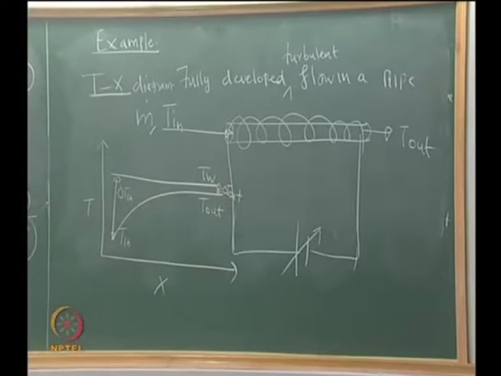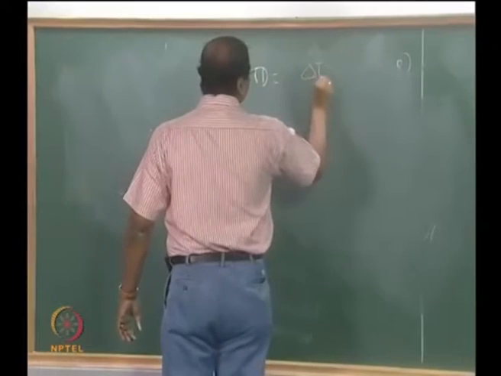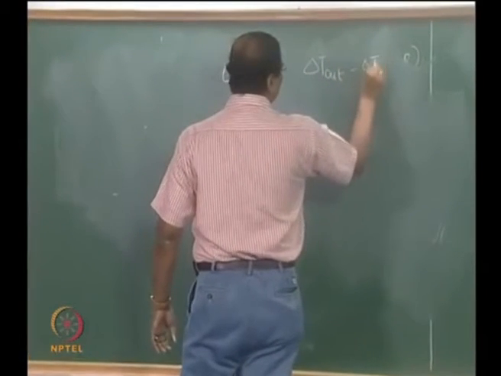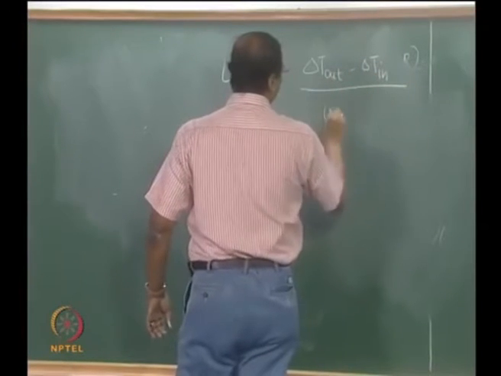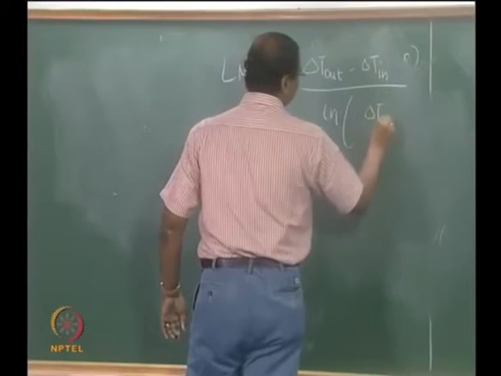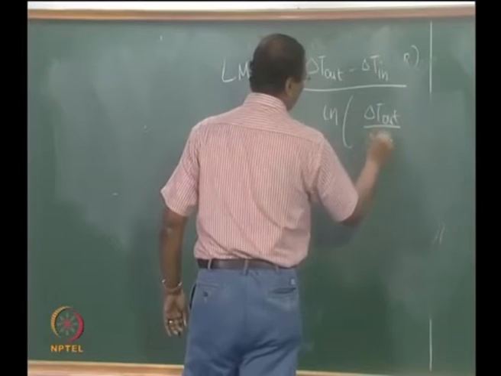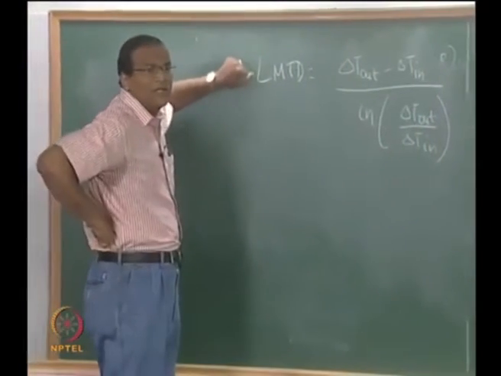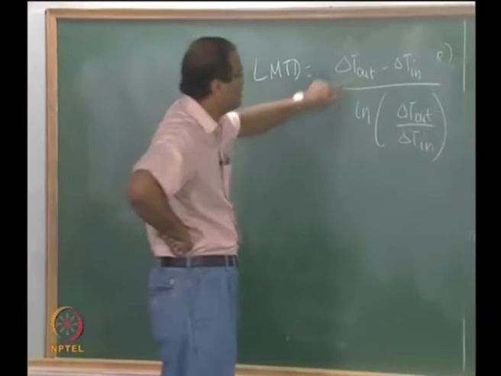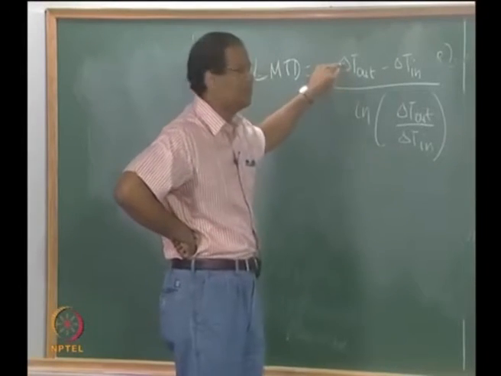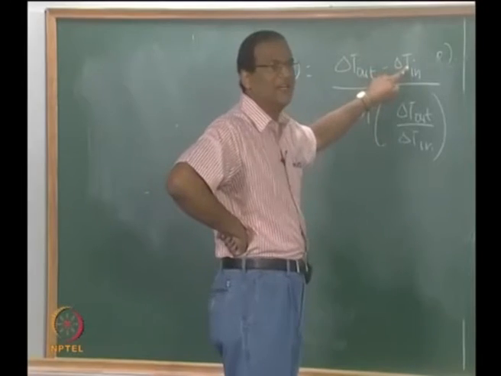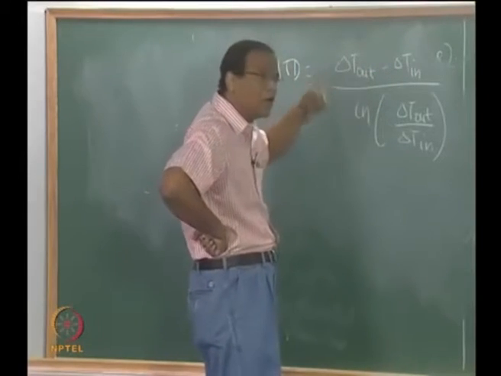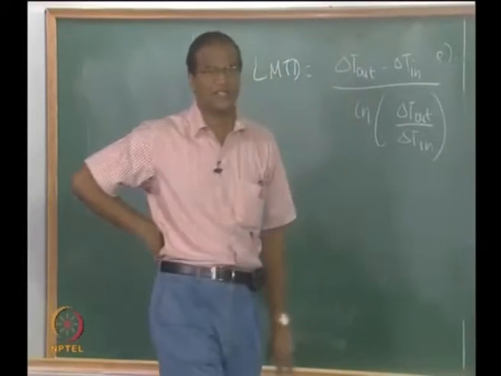So the log mean temperature difference is delta T out minus delta T in divided by log of the ratio. The logarithmic mean temperature difference is the temperature difference at one end of the heat exchanger minus the temperature difference at the other end divided by the logarithm of the ratio of these two temperature differences.